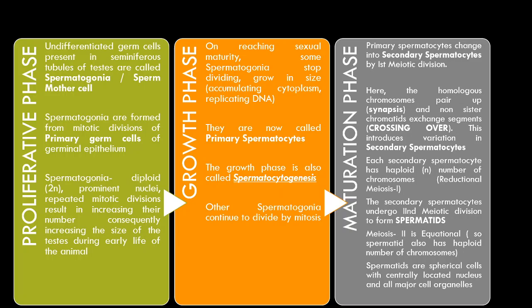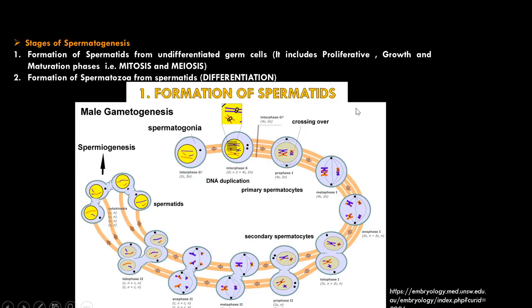Now going back to the diagram, you can see here the proliferative phase is happening alongside, where the spermatogonia are dividing amongst themselves. Then some of the spermatogonia undergo the growth phase. So growth phase is the interphase G1, the interphase S phase, where the DNA is being duplicated.